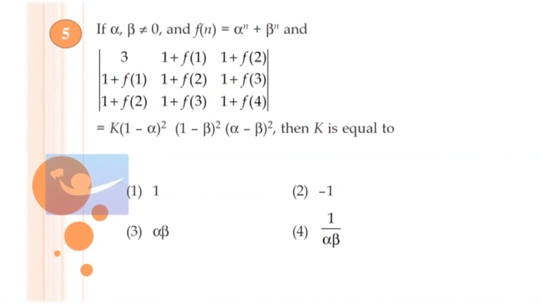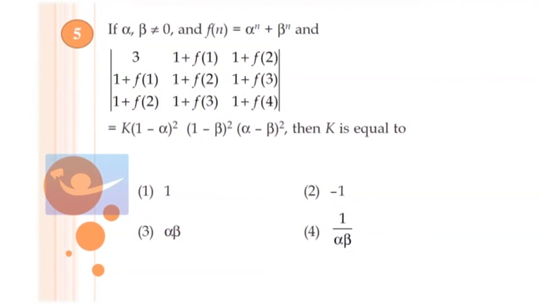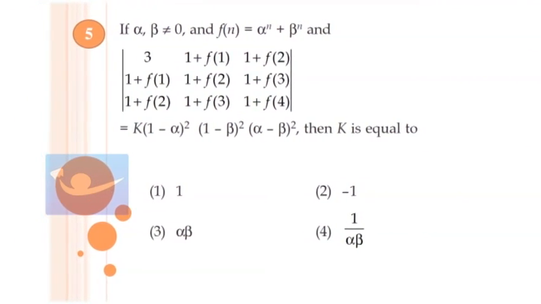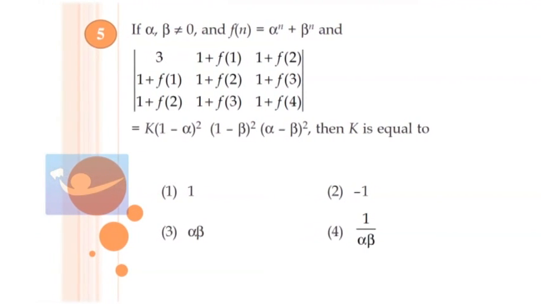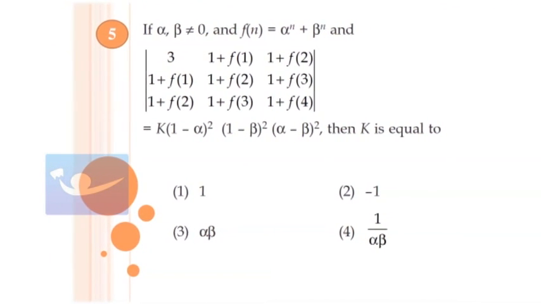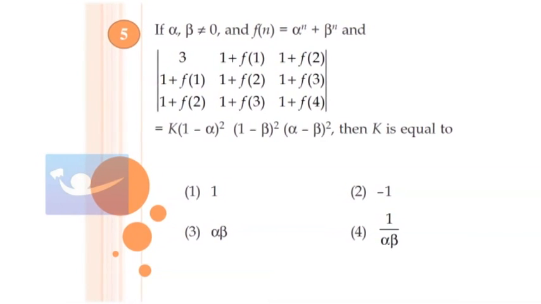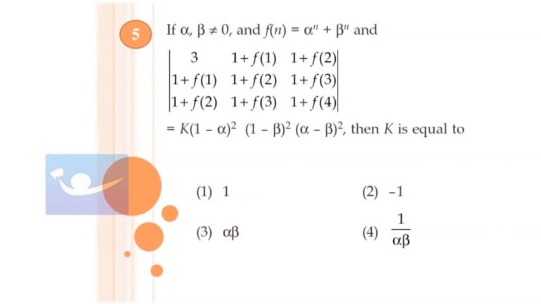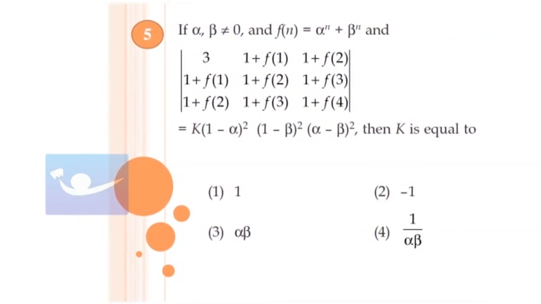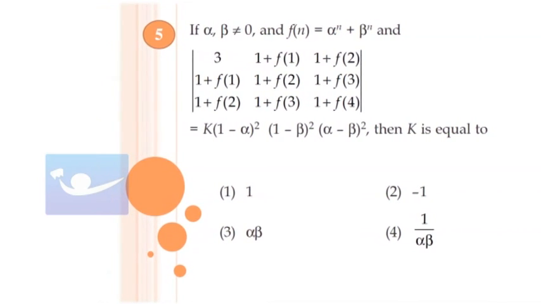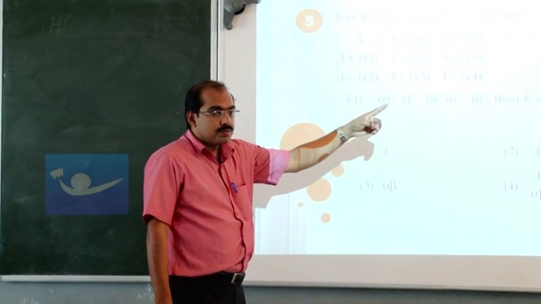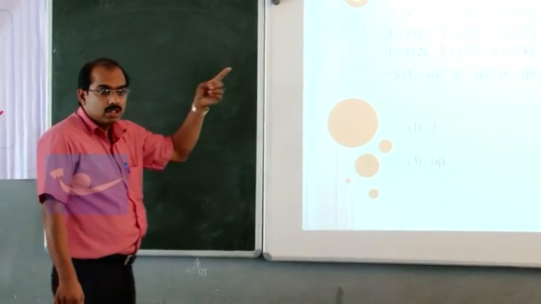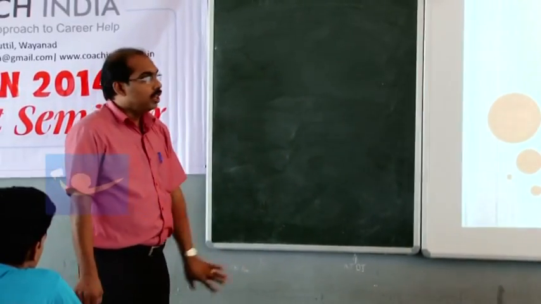You are given alpha, beta not equal to 0, f n equal to alpha raised to n plus beta raised to n. We are given a determinant which is equal to some expression, and the value of k is to be determined. The usual method is to split this determinant into a few other determinants.